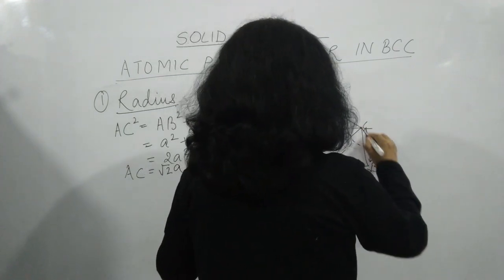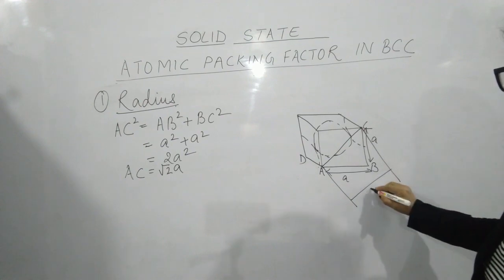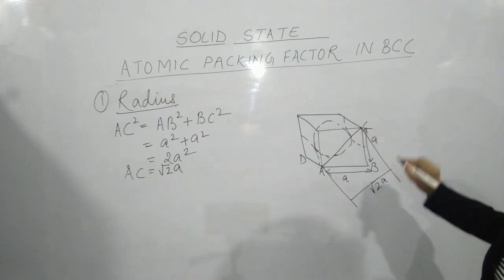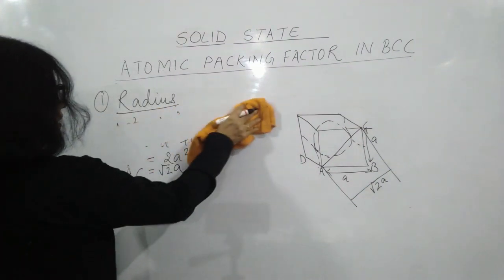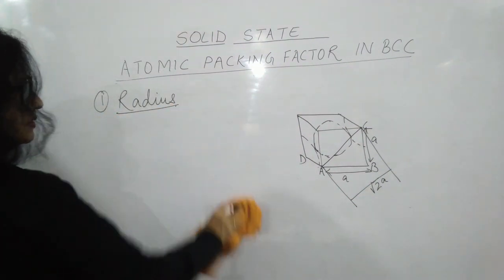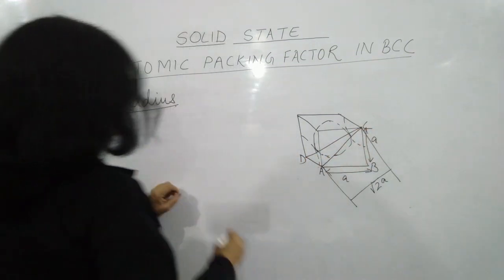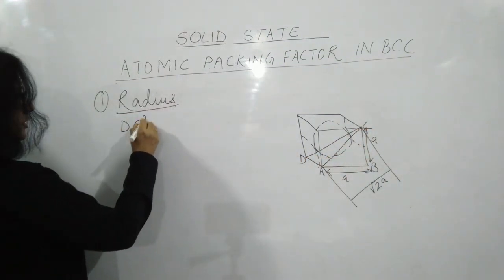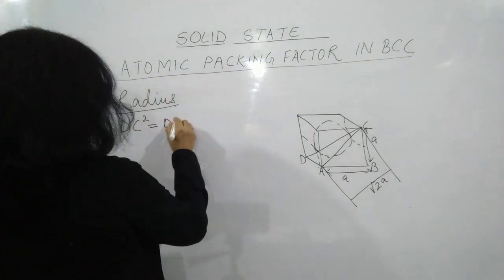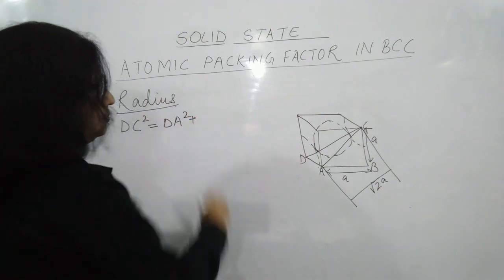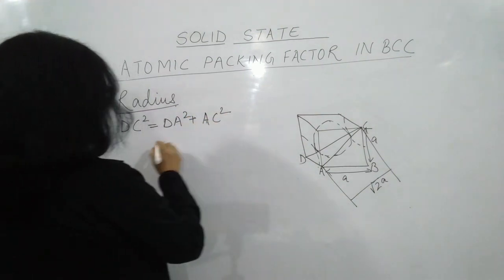Here it is your root 2A. Now shall we see what is this DC? DC square equal to DA square plus AC square.